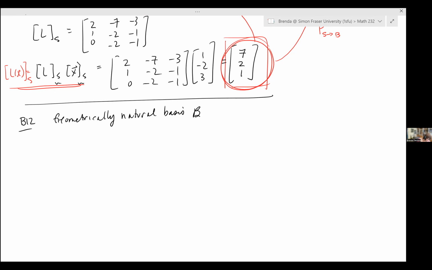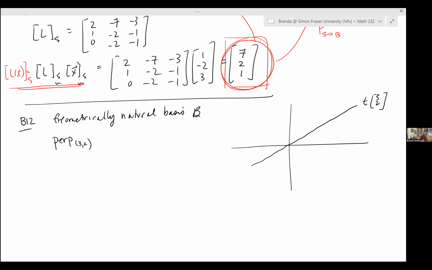So for B12, what we're trying to do is find a matrix that does this transformation. Let's just draw a picture of what this looks like. We have a line. That line is T3, 2.